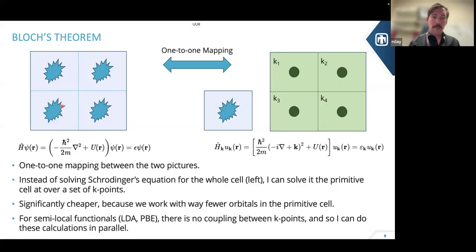But for bona fide single particle theories like LDA, PBE, where there's no coupling between the K points, I can actually solve it in the tiny cell. So one, I get a lot of savings by just working in the cell. But two, I can actually do these K points individually and separately without having them talk to each other.